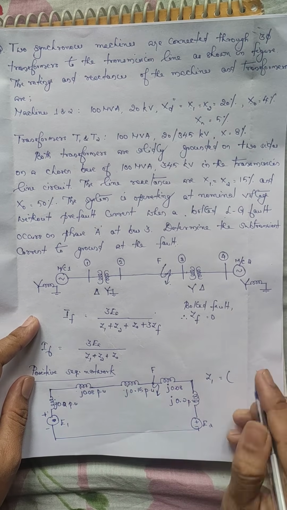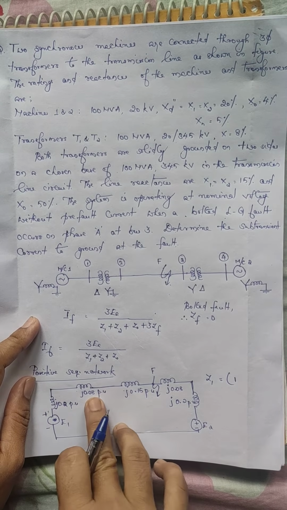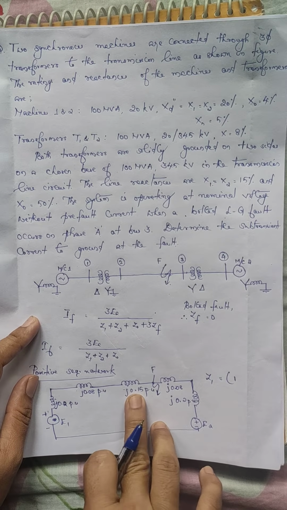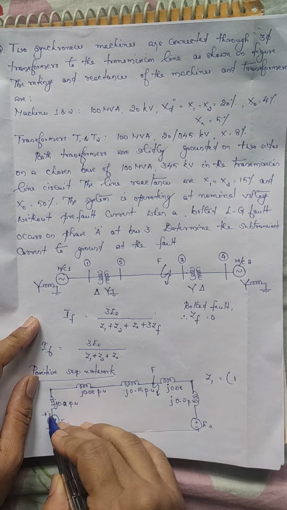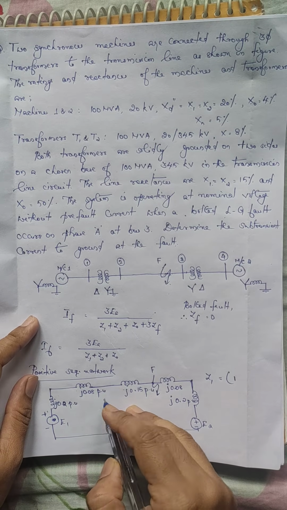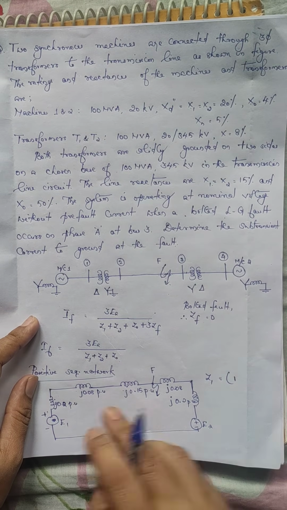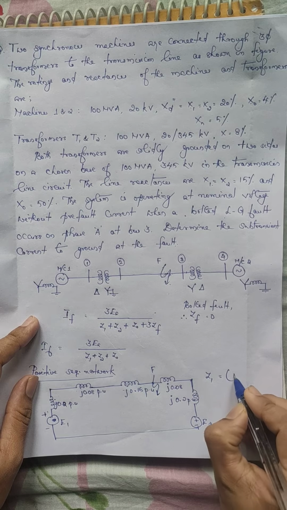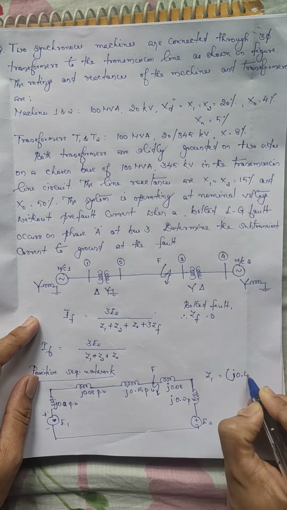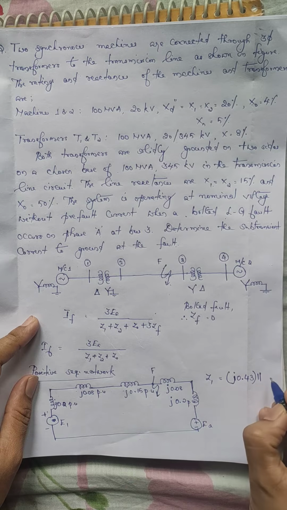So we can write Z1 as these three are in series, that is J 0.2 plus J 0.08 plus J 0.15. It will be 0.35 plus 0.08, that is 0.43, J 0.43. And this is parallel to J 0.28.